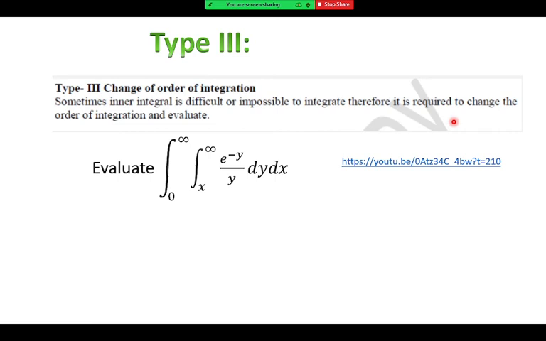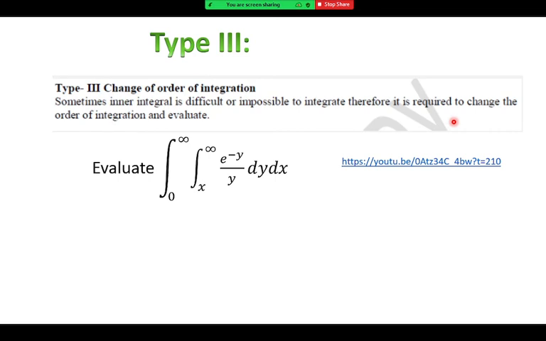So there are two things. One is obviously the question. Read the question. If it is written change the order and evaluate, then definitely you have to do that only. But otherwise, identification of change of order is that the inner integral is very difficult to evaluate, and you will observe this in the numerical I kept on the slide.